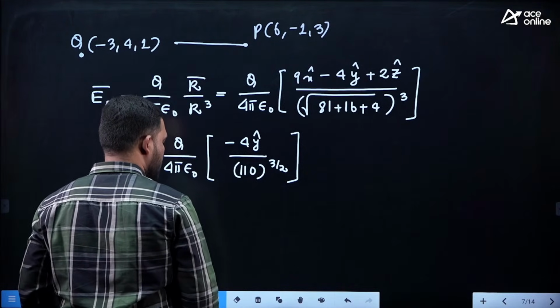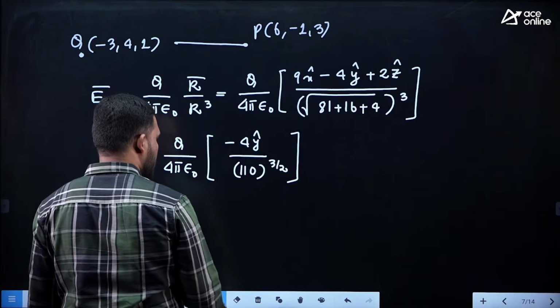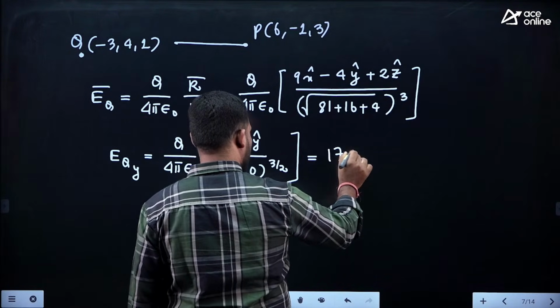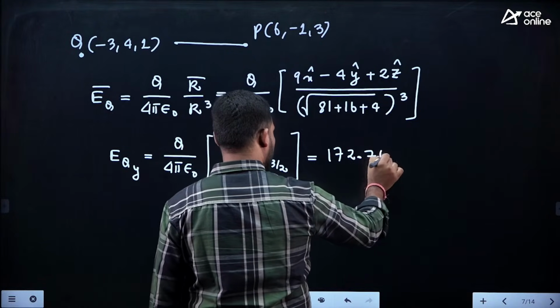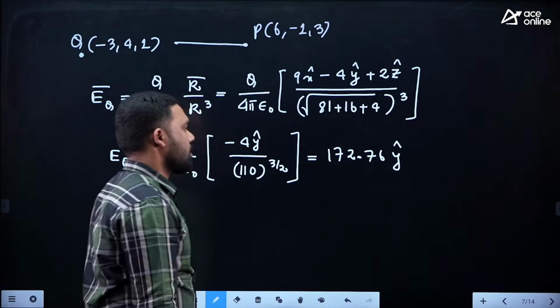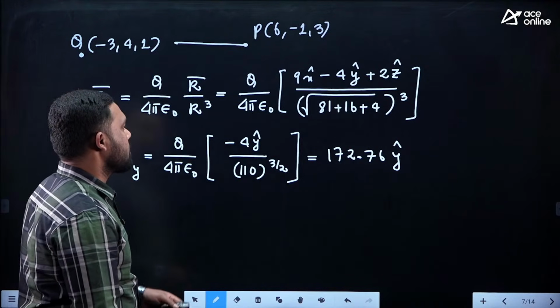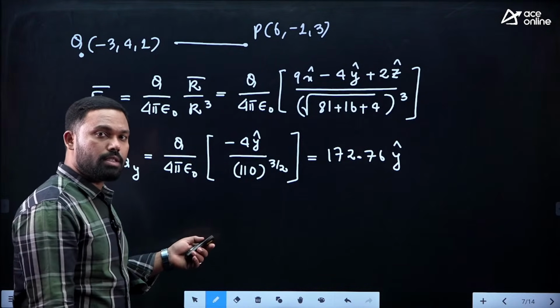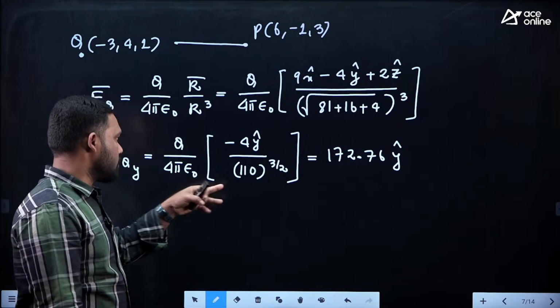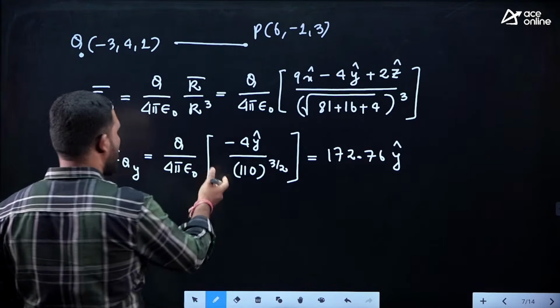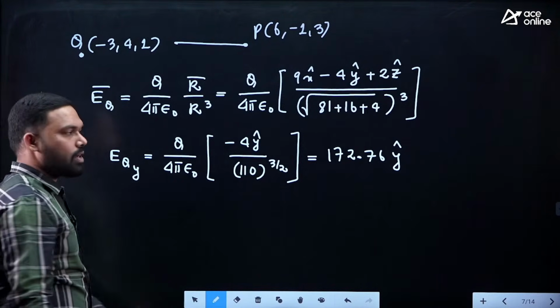So it must be equal to 172.76 y cap. Because that negative y component is introduced by the line charge, this must nullify that. So for that to happen, it must introduce the positive y component.